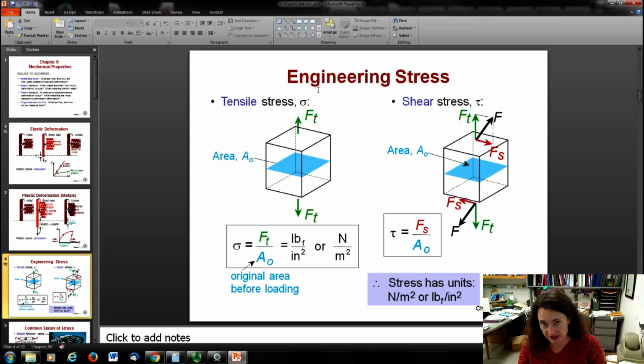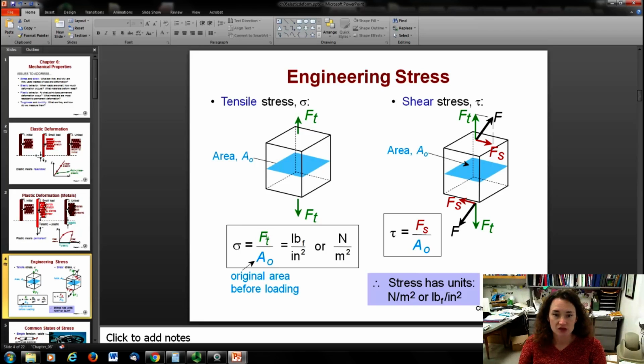So what we want to do to normalize for that effect and only think about what effect the material itself has and not its dimensions is divide out by that cross-sectional area, and that brings us into the idea of a stress. A tensile stress, often symbolized with a sigma, is defined as the force that's applied to the material in the tensile direction, which is along the long axis of the material. So if you have a wire that's long in this direction, a tensile stress is applied where the force is applied in the same direction as the long axis.